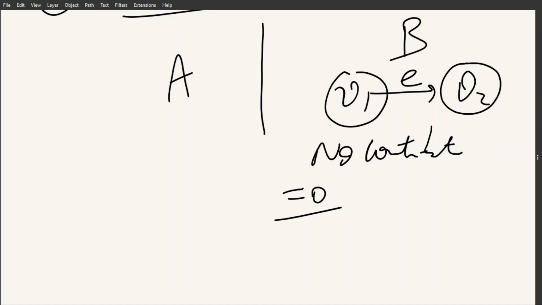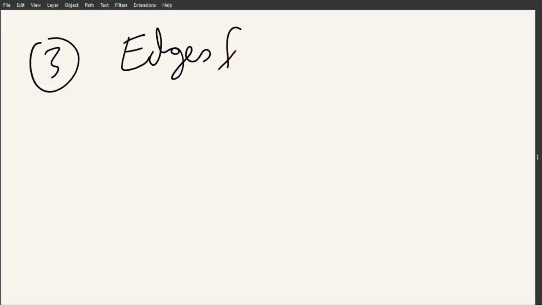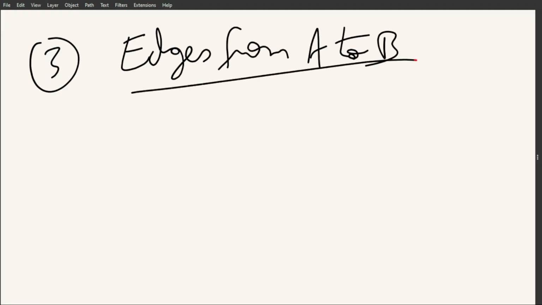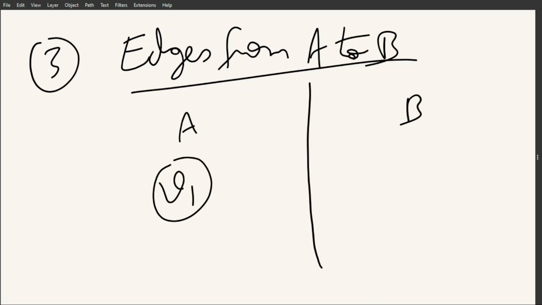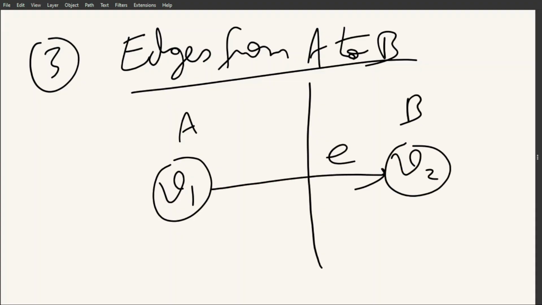Next, similarly, we consider crossing edges between A and B. The third possibility is edges from A to B. Here we have A, B, this boundary, V1 in A, V2 in B, a crossing edge.